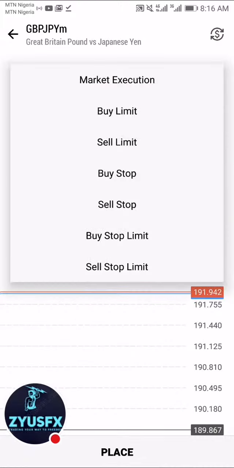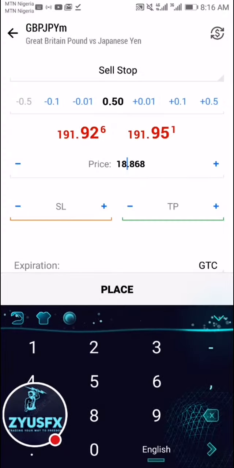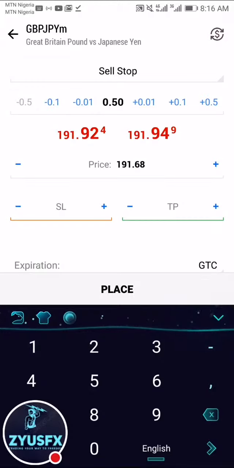Let's use a sell order. You can see the stop loss I'm using. I'm using a mini lot size, so I don't want to be risking that much.